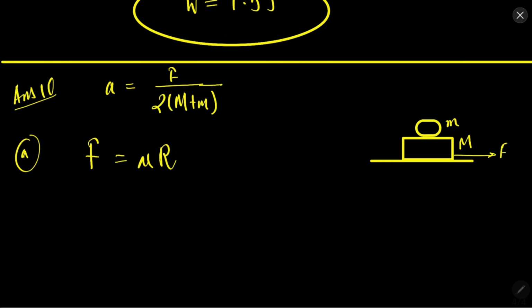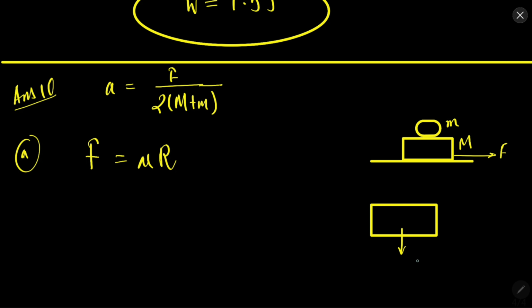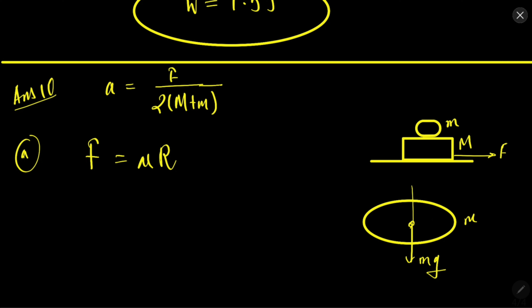So let's try to draw the free body diagram. There are the following forces on the upper object, having mass m: small mg downward, then the reaction force by the lower body, then mass into acceleration, and the kinetic frictional force.